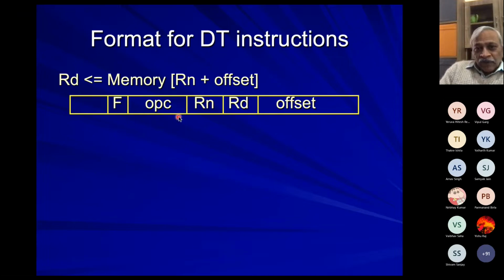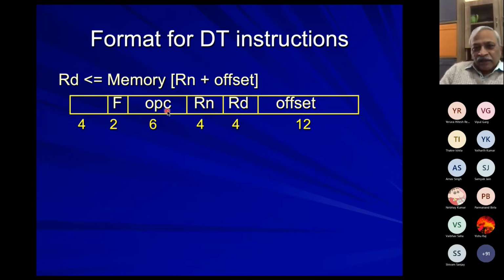So you have F, OPC, the opcode. RN is this register, RD is the destination register, and you have a field for specifying the offset. The size of this is 12 bits, 4 bits for this, 4 bits for this, and it has 6 bits for opcode.